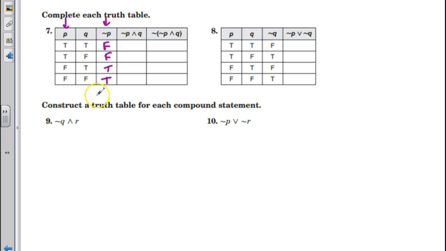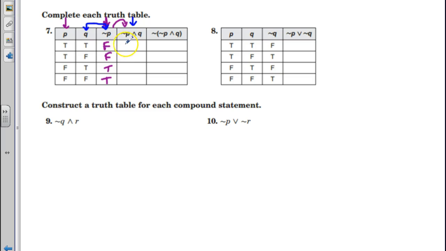This next step helps us with this one. So I want not P, which is this column right here, the purple column, and Q. Not P and Q. Remember, for me to put a T in this column, they both have to be true. So I'm looking at the Q column and the not P column.